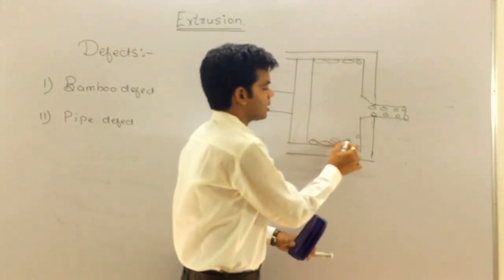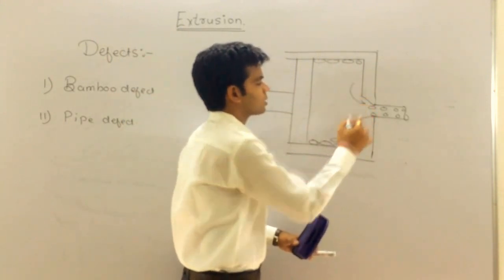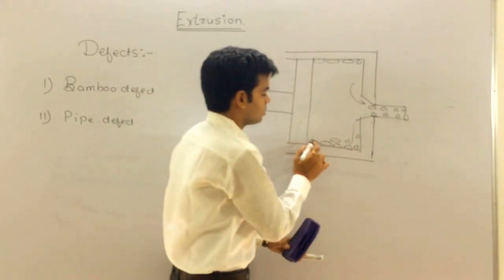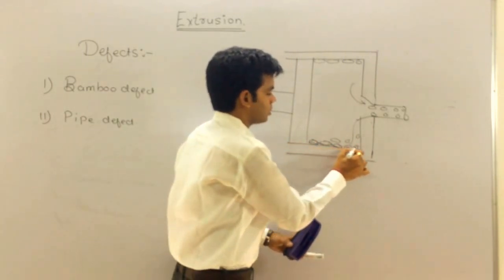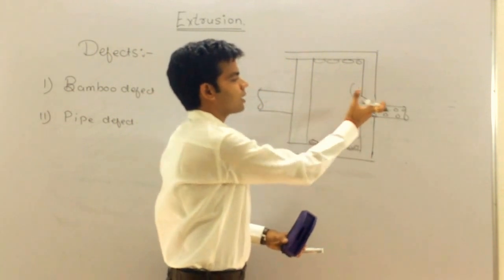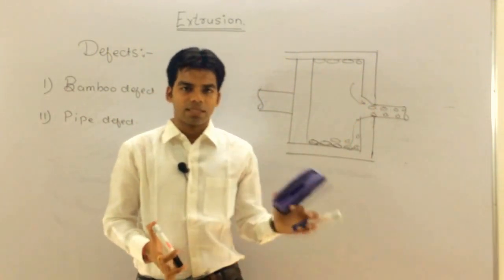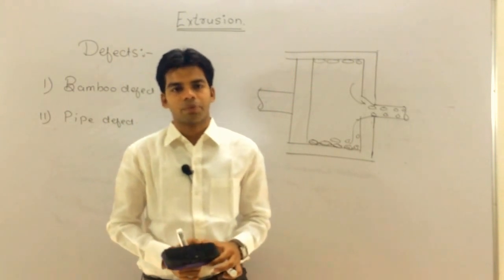Such scales will come in the final extruded component in the form of an air bubble. The scales which are here like this will form an air bubble, and finally it will appear in the extruded product. Such defect is the pipe defect.